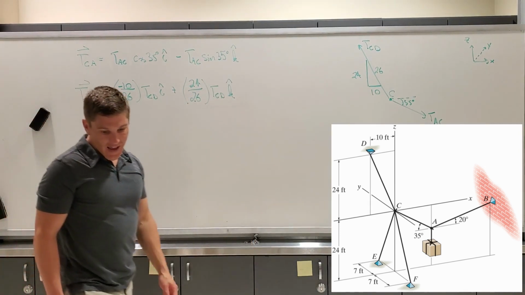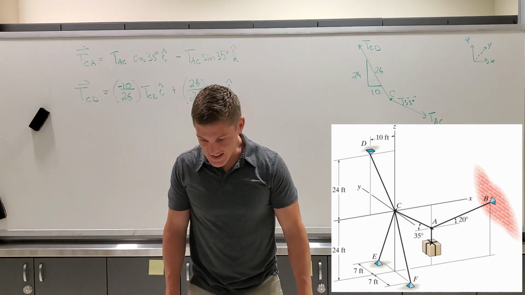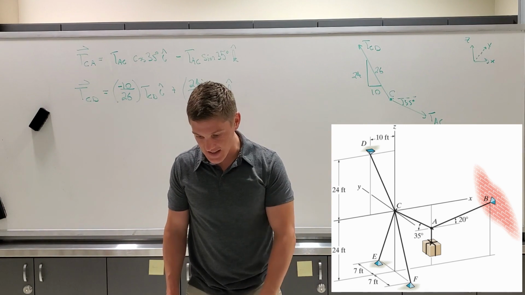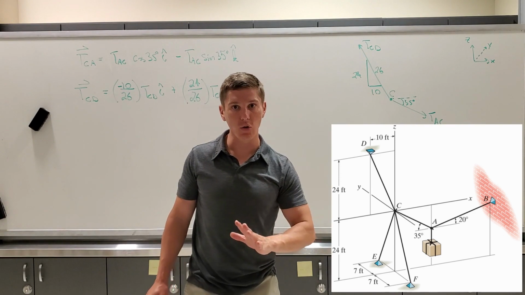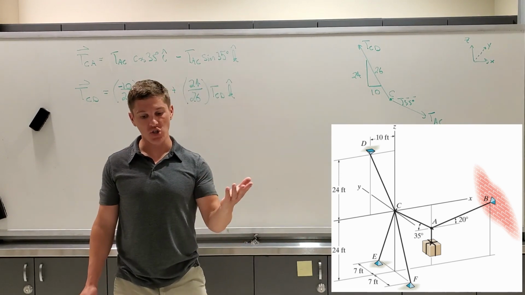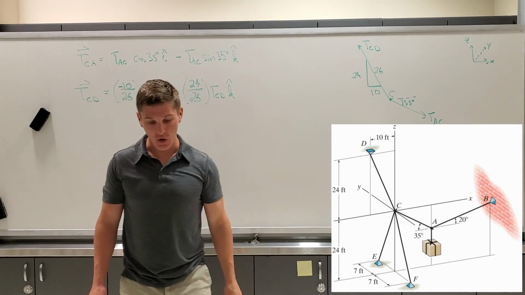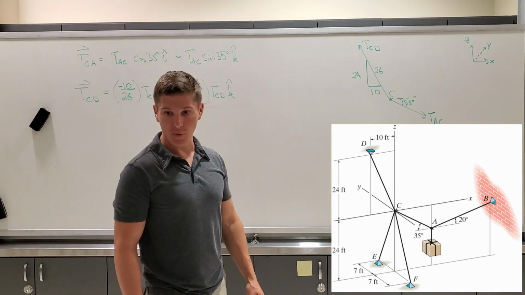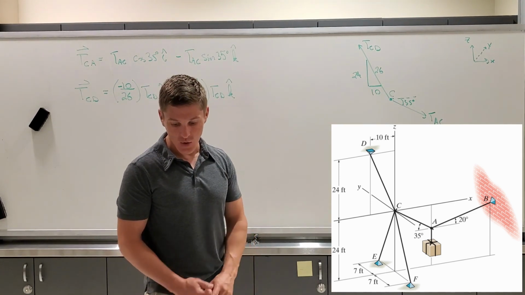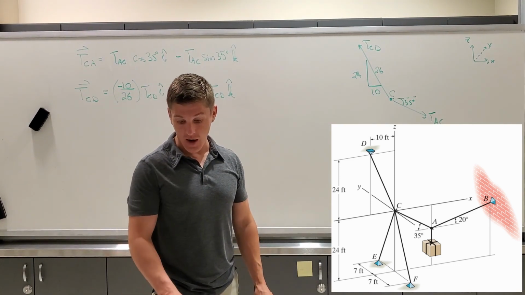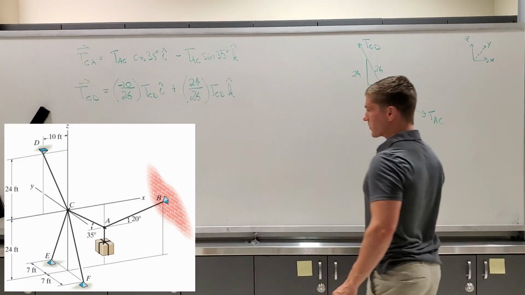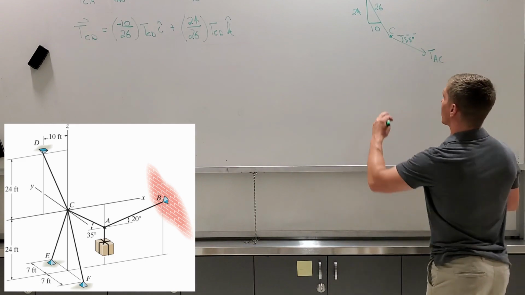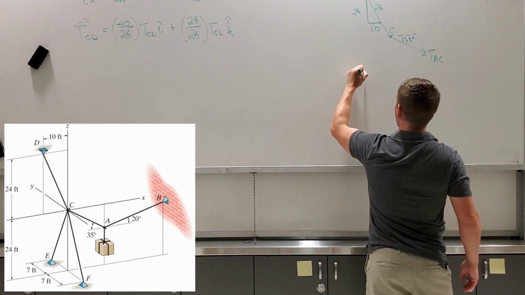Okay, so now when we analyze both CE and CF, we recognize that those particular cables are constrained to 2 dimensions as well, but they are no longer constrained to the XZ plane, they're constrained to the YZ plane. So I'm going to draw another diagram looking on edge at these two cables.